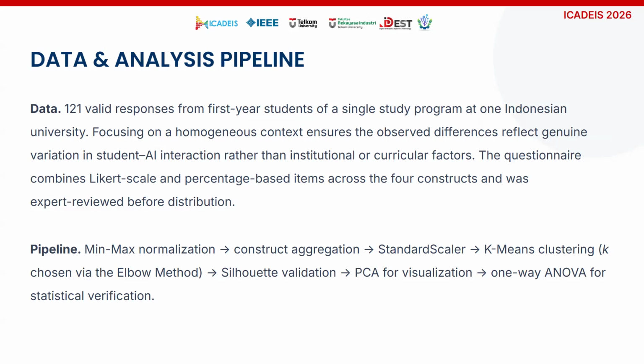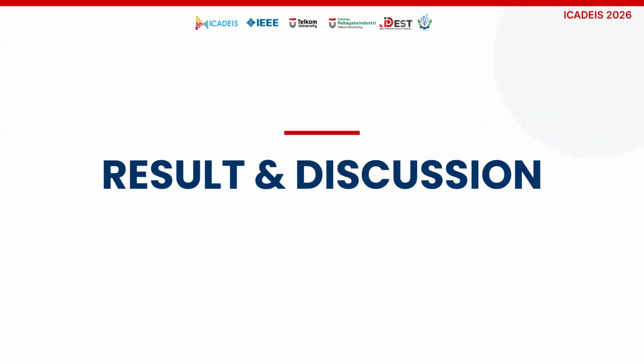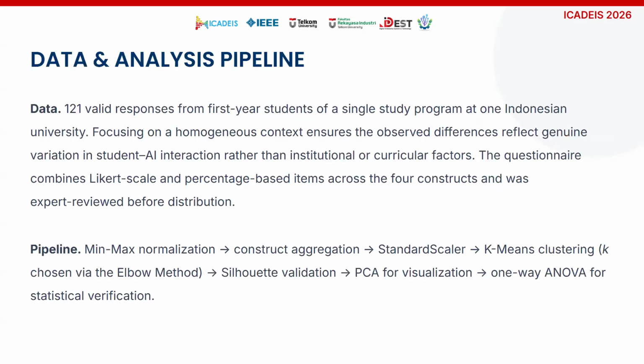We standardize the scale first and then combine them into four construct scores per student. Next, we run k-means to identify natural clusters, with the number of clusters determined using the elbow method.